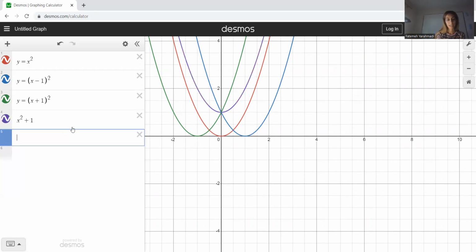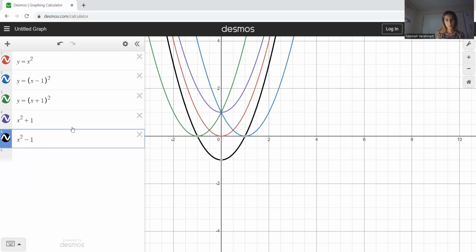What if I subtract 1 from that function? Well, as you can see, you have a shift downward. You have a vertical shift downward. So change in x, and change in y. These are the changes that we have. So we can summarize this.